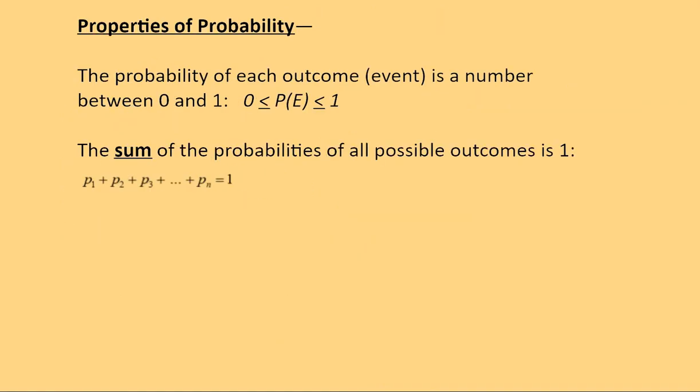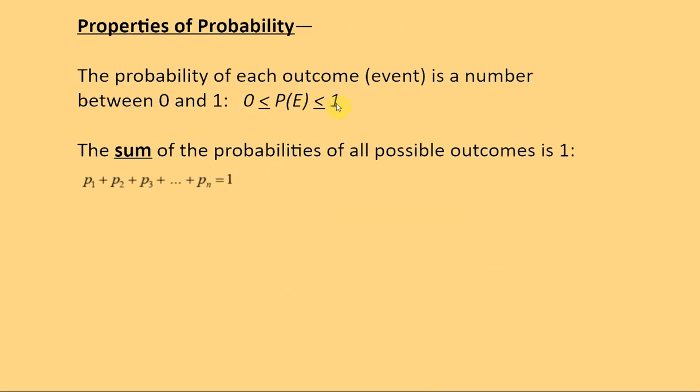The properties of probability. The probability of each outcome or event is a number between 0 and 1. So remember, if it's a 0 probability, that just can't happen. That's an impossible event. 1 is a certain event, so your probabilities have to fall between, or they can include, 0 and 1.